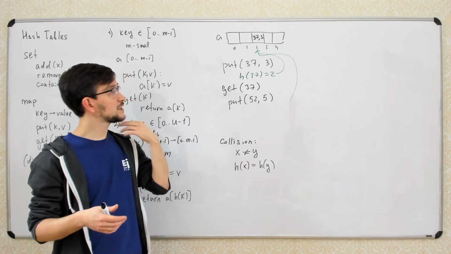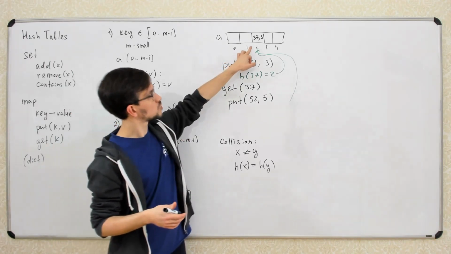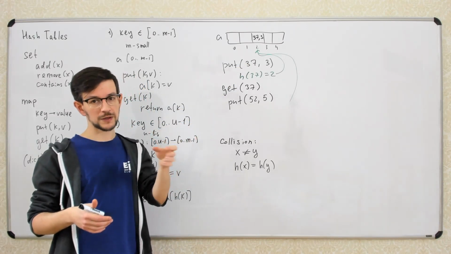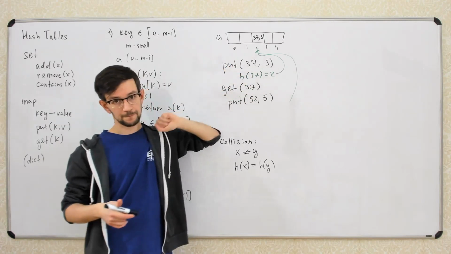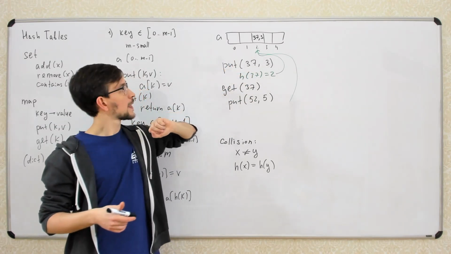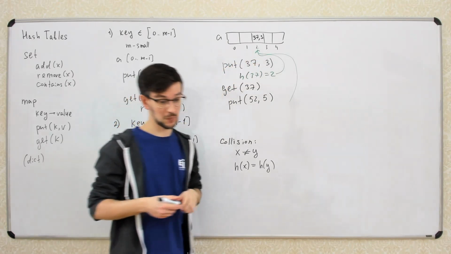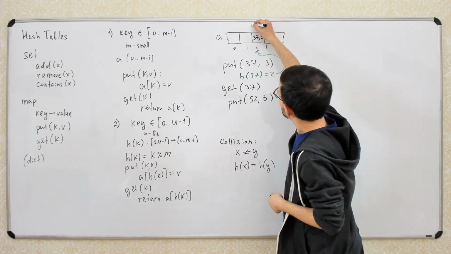The easiest way to handle this is to make each cell of the array hold not one pair, but a list of pairs. So we'll just go to the same cell of the array and add this pair to the list of pairs. Here we have one pair, so we'll put another pair here.